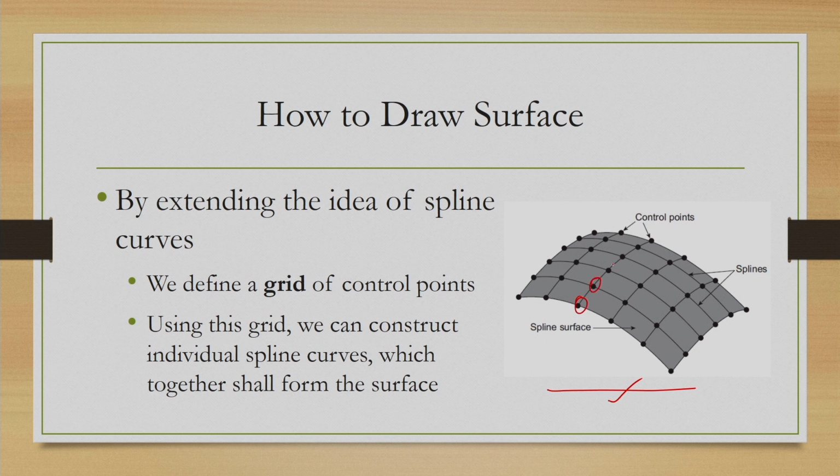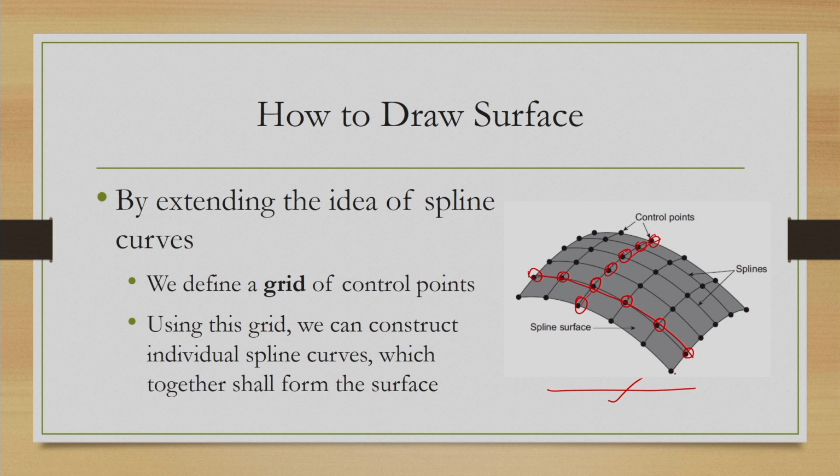Each subset of the grid can be used to get a curve in different ways, and when we put together these curves we get a surface.